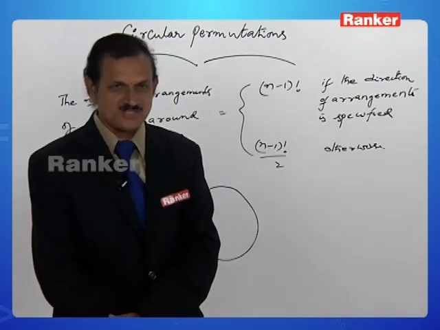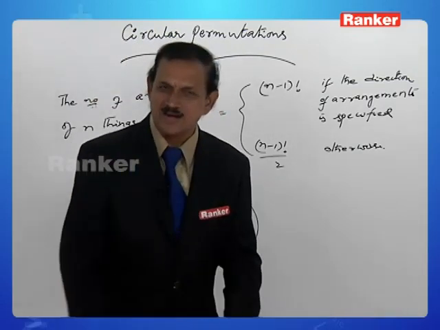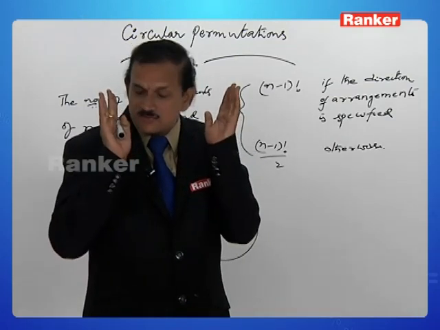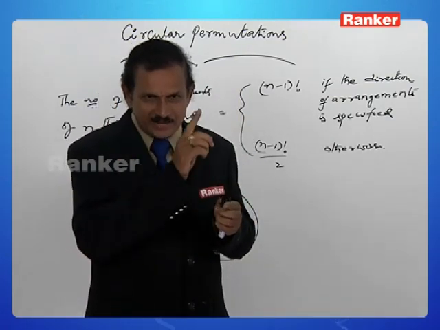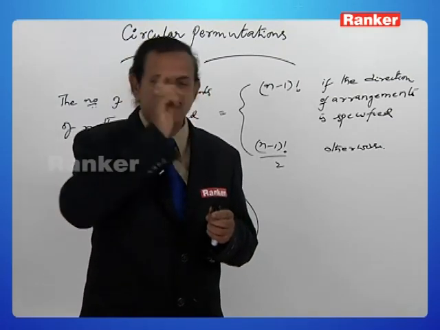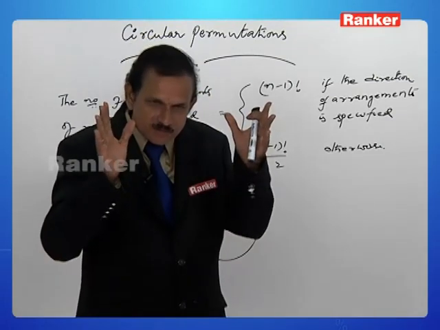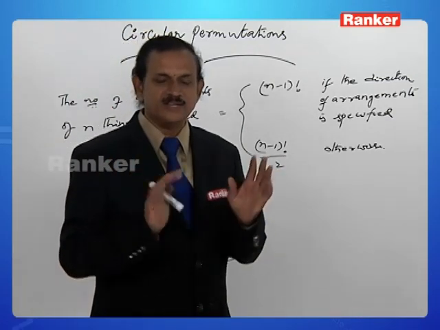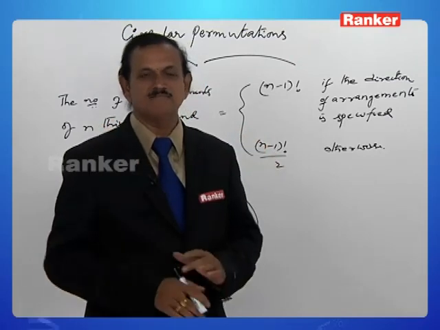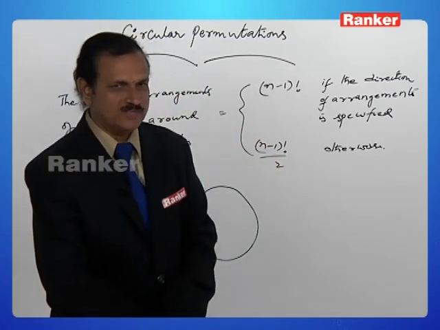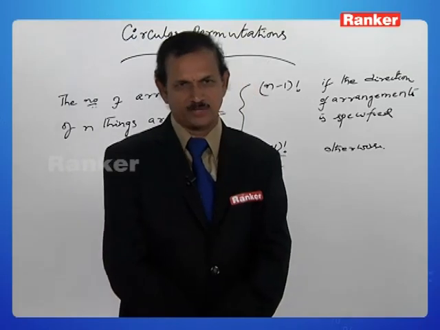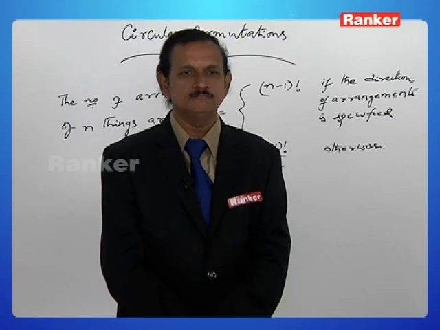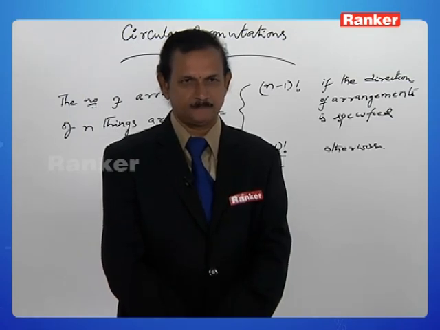In how many ways can these 20 diamonds be affixed around a crown? Crown means it is a fixed circle, because it will be kept fixed in a fixed manner. Therefore, the number of ways of affixing those diamonds around the crown is nothing but 19 factorial only, because it is a fixed circle.